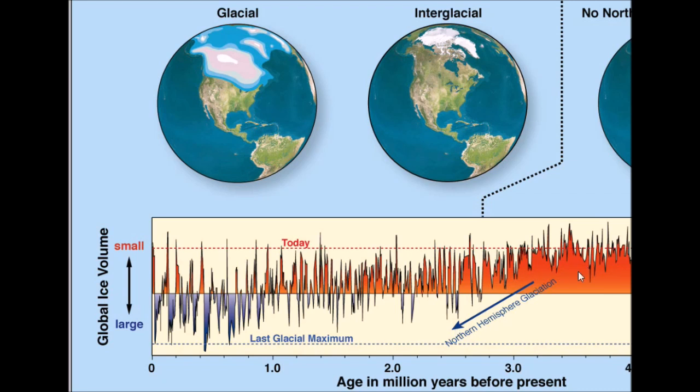It went from warm, wet, and green to today, and you'll notice that most, particularly the last million years or so, about 3/4 of it has been cold, very cold. Cold does a lot of things. It creates droughts.